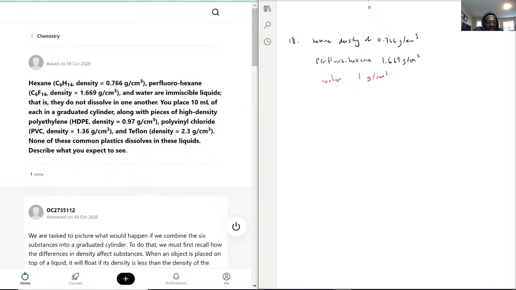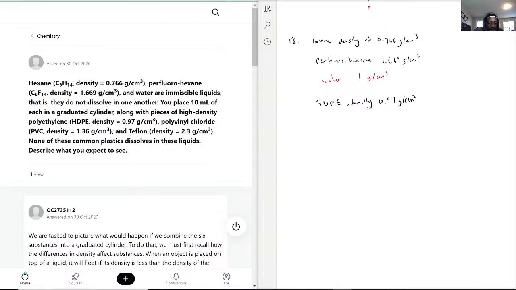So let's see the other pieces they give. They don't dissolve in one another, so they will form layers. You place 10 mL of each in a graduated cylinder, along with pieces of high density polyethylene, which is a solid. HDPE has a density of 0.97 grams per centimeter cubed. That's a piece of it, not just another liquid.